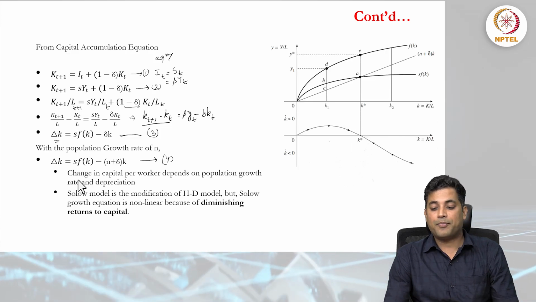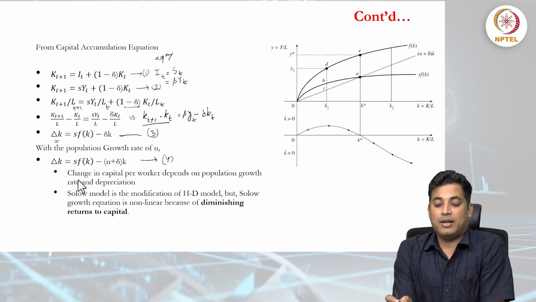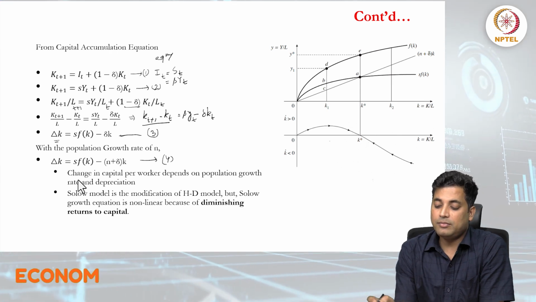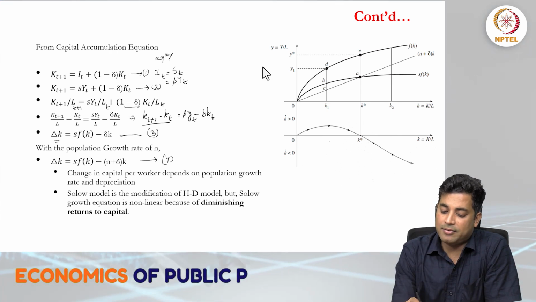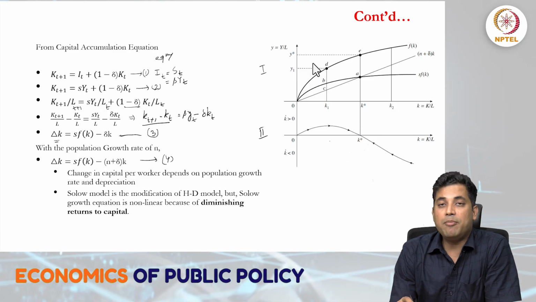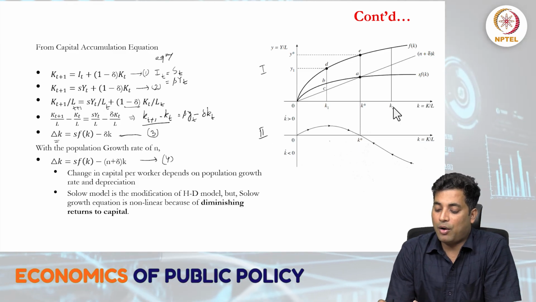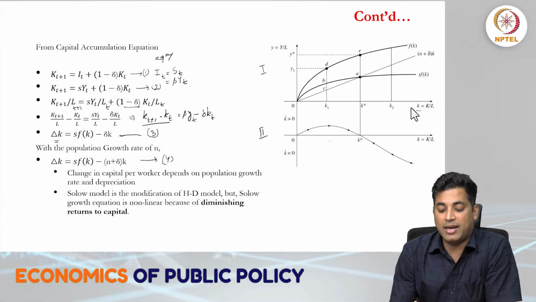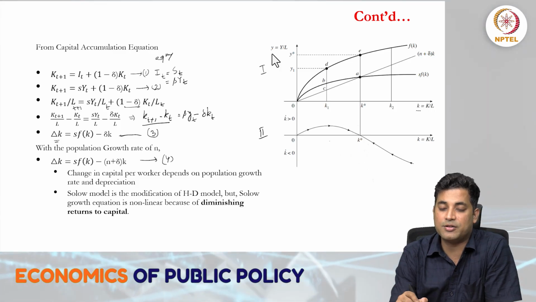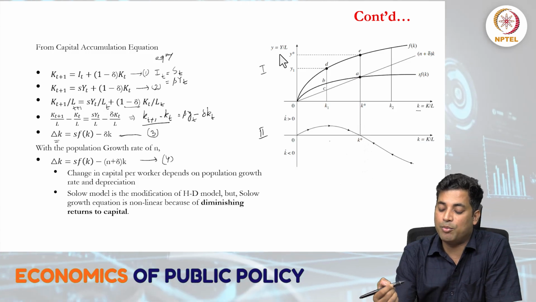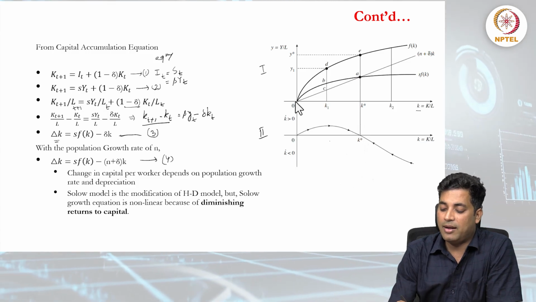Now, just a graphical interpretation of the Solow model. Here one can say this is panel 1 and this is panel 2. In panel 1, on the horizontal axis we consider small k, which is capital K by L, and on the vertical axis small y, which is capital Y by L, output per worker.